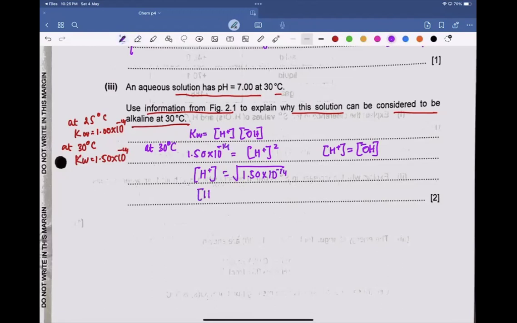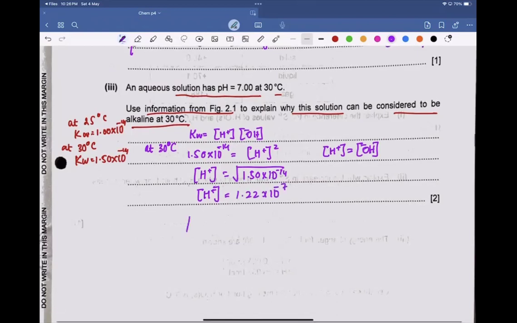Can anyone calculate the value of hydrogen ions? Yes, can anyone calculate the value and tell me the answer, please? It is 1.22 exponent minus 7.